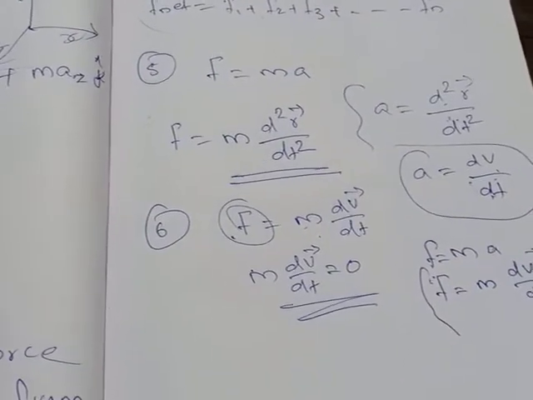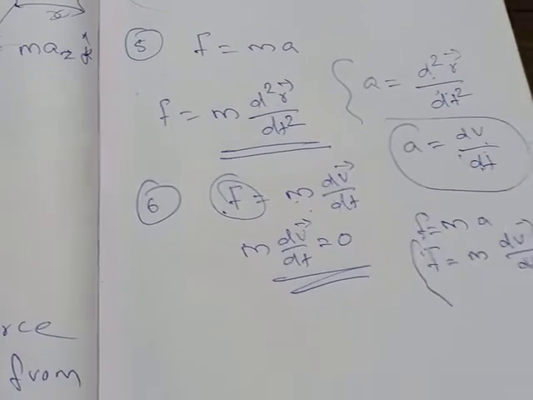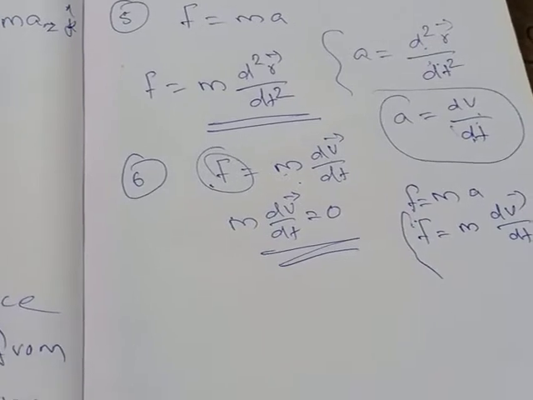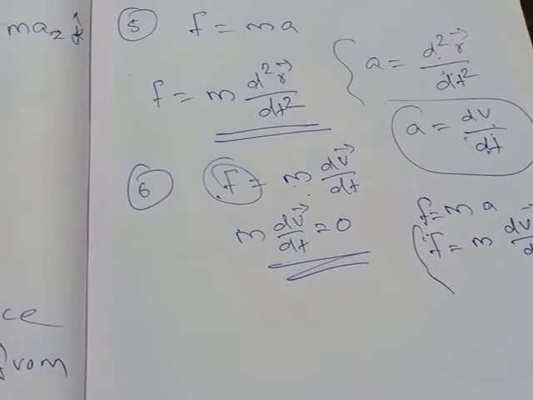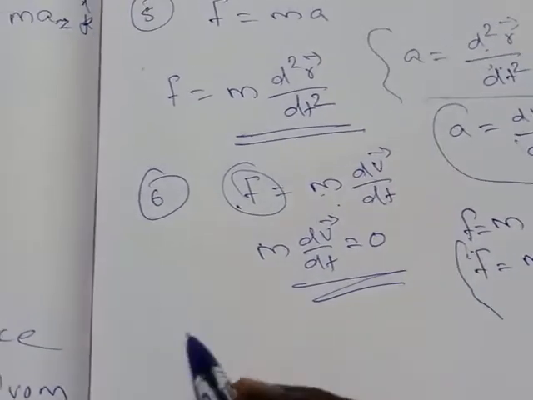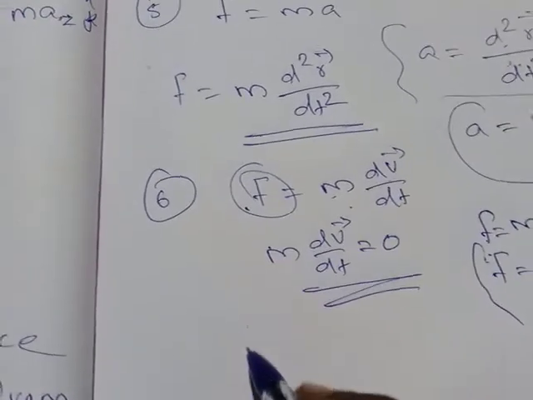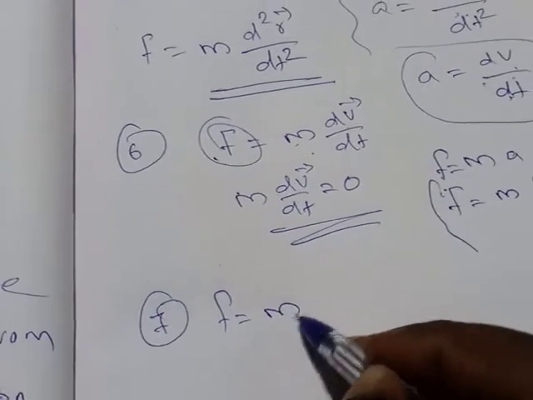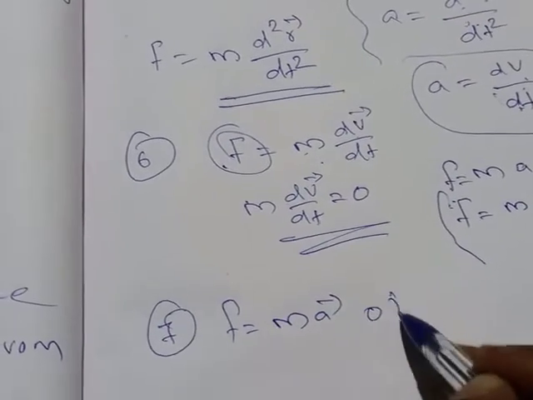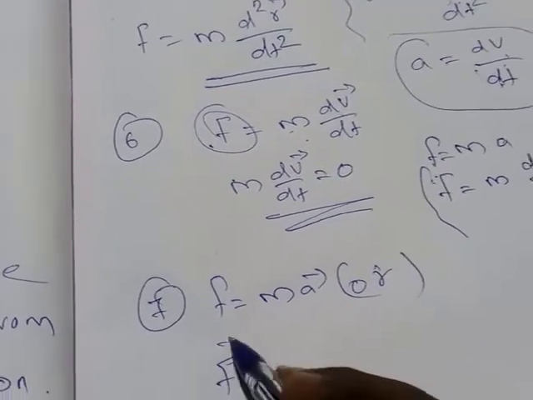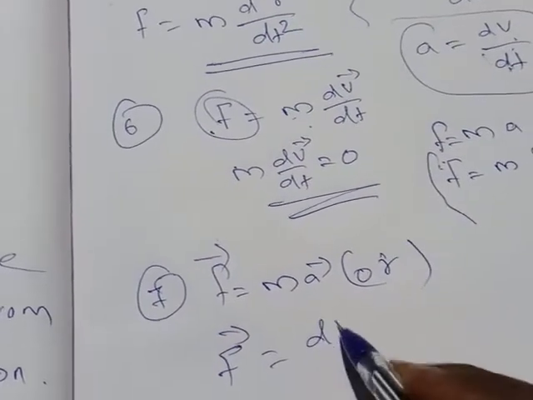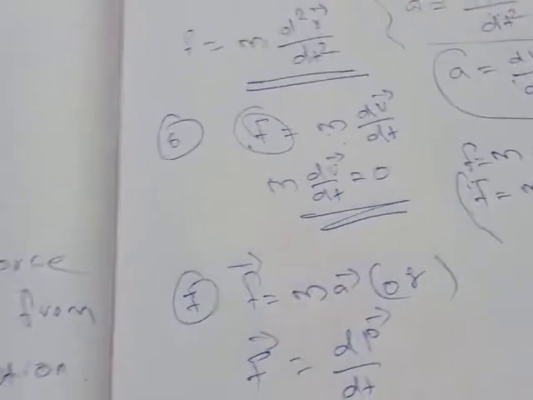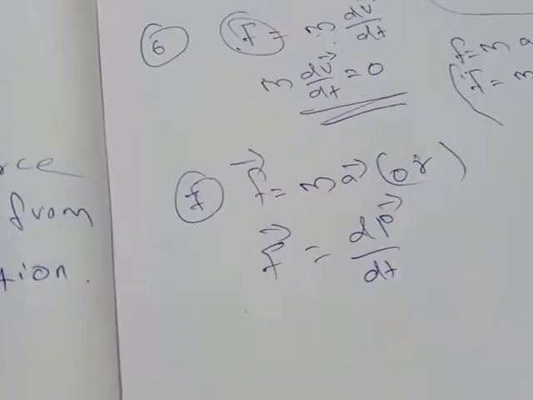And the last point is, Newton's second law is a cause and effect relation. Force is the cause and acceleration is the effect. According to Newton's second law, F is equal to ma, or F is equal to dp by dt. This equation is cause and effect.